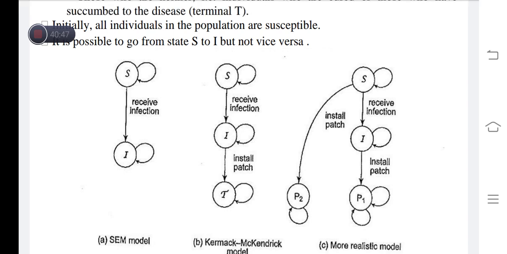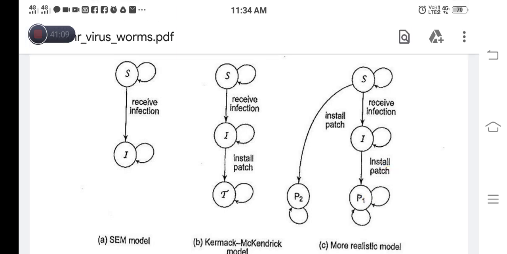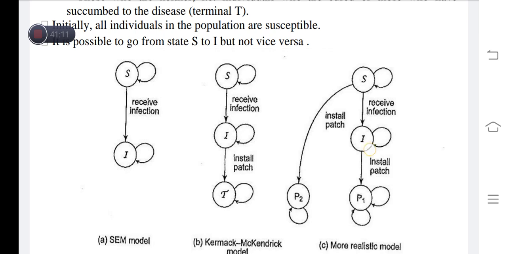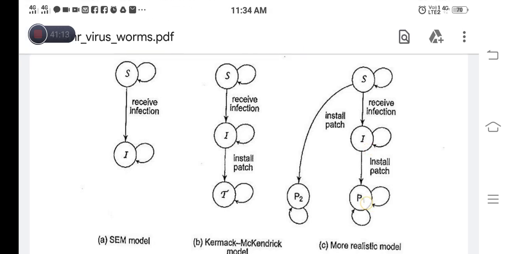Install patch is nothing but the infected machine being patched here. Also, such a machine is never vulnerable to a Code Red infection again. So once there is a transition from S to I, this infected machine is never again vulnerable to a Code Red infection. By installing a patch, we see a transition from I to the patch P1 here.